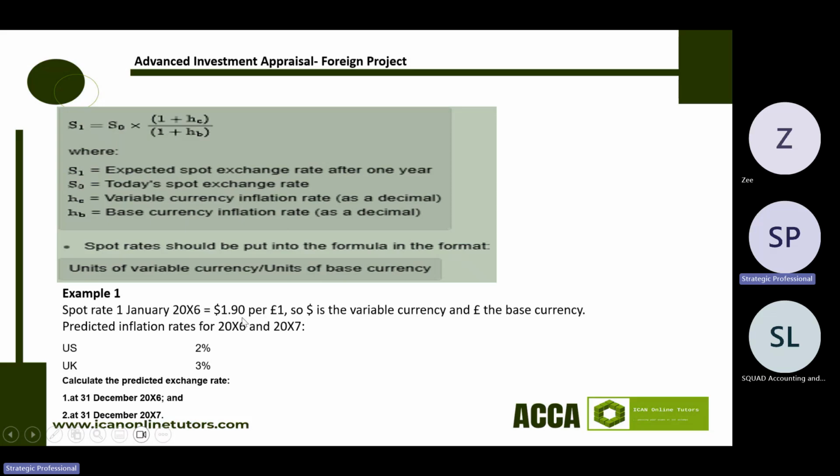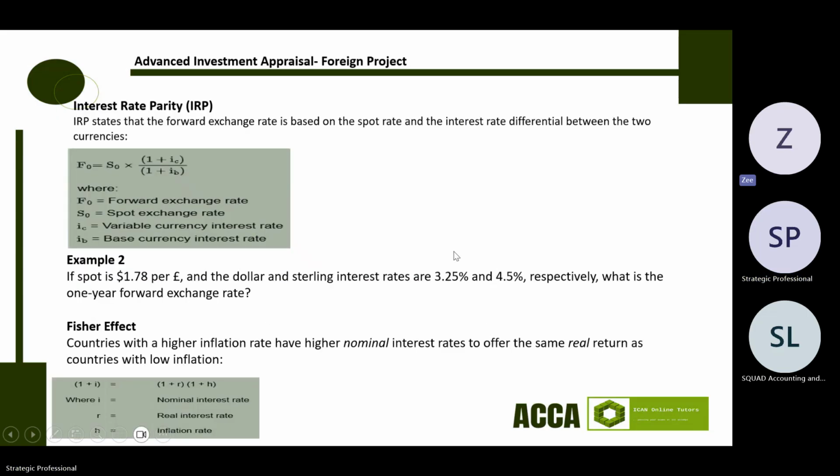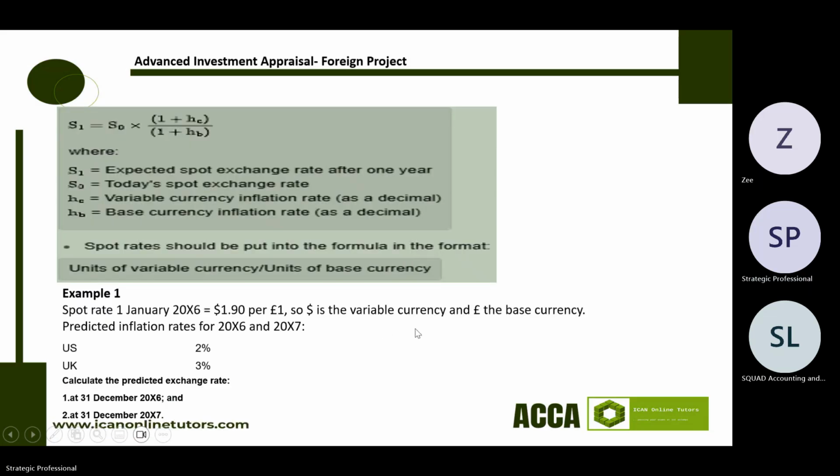I want to ask a question, Z and Squad, please. Which one is the home? Which one is the variable? Which one is the base? Okay, from this statement, I think the base should be pounds. Why do you say the base should be pounds, please?